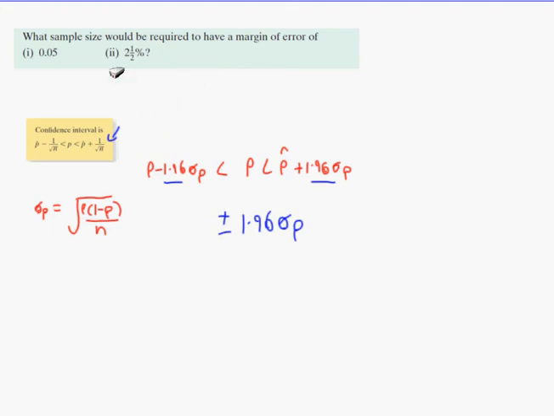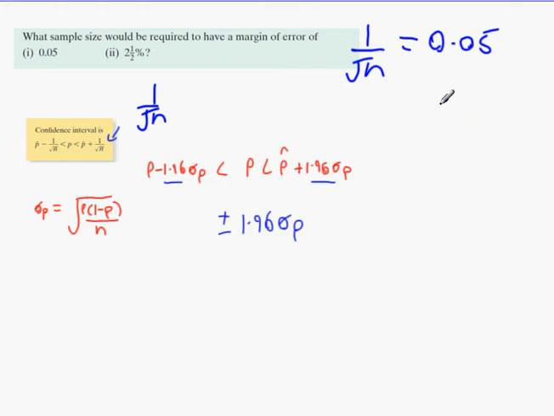There's no sample statistic given, so there's no way I can calculate any p-values, because it doesn't say 36 out of 180 people like whiskers or cats like whiskers. So what you have to do straight away is say 1 over root n equals 0.05. You guys happy with that?